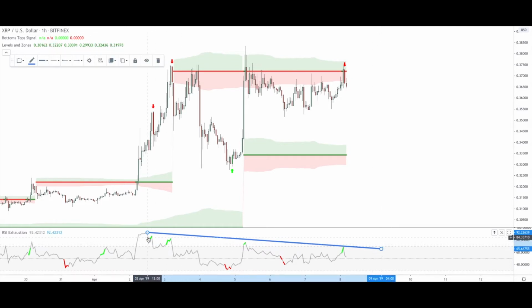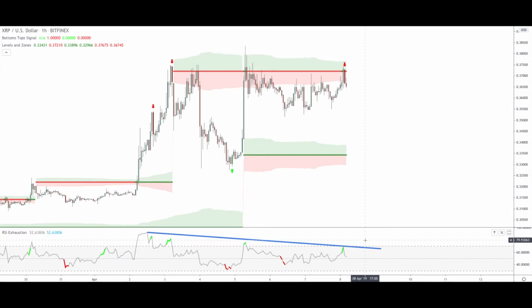So the price here was moving higher and the RSI moved lower, and then the price almost stayed flat here, even though it went down and then up and then down and then up, but it stayed almost flat at this level here, but the RSI kept going lower, and this is divergence.